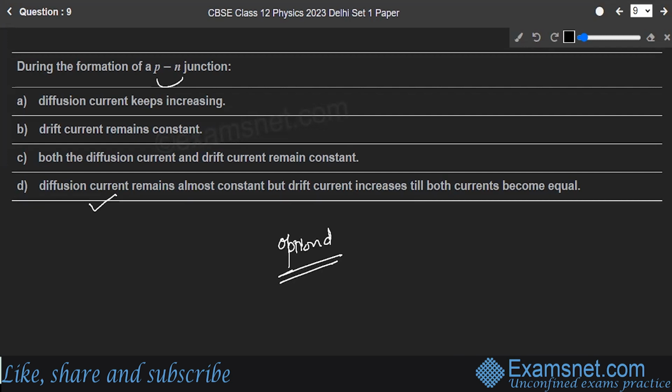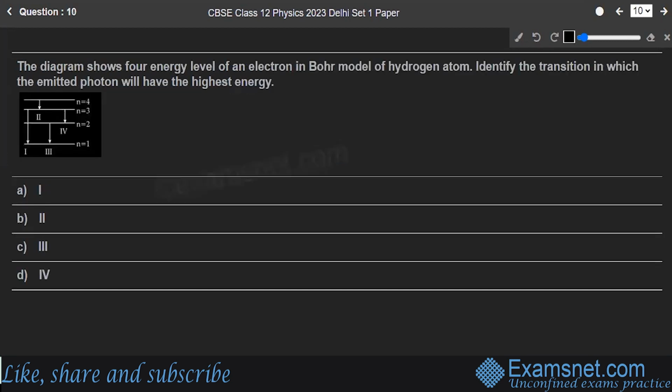Hope you understood this. Next is question number 10. The diagram shows four energy levels of an electron in the Bohr model of hydrogen atom. Identify the transition in which the emitted photon will have the highest energy. So these are the four energy levels. The energy diagram is made using the proper scale to show the various levels.